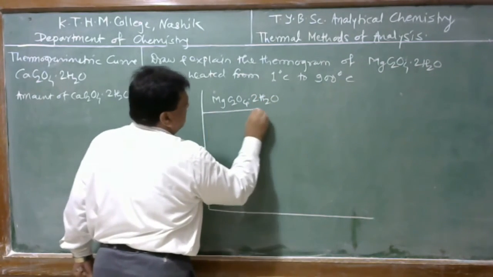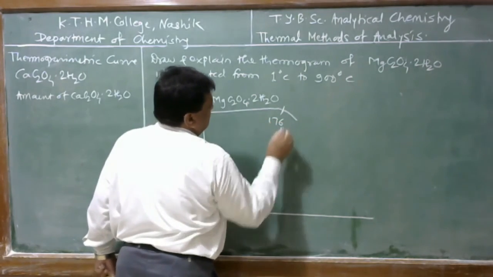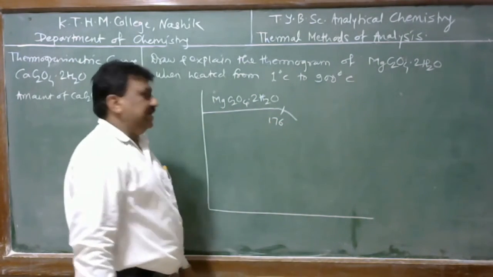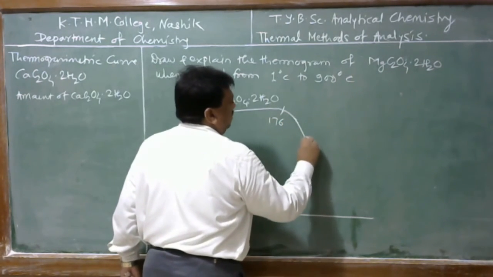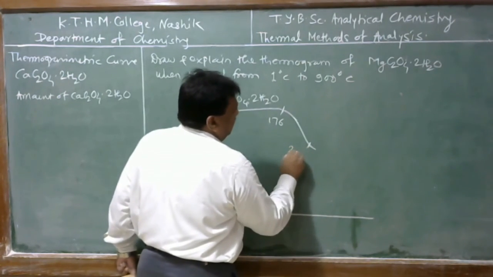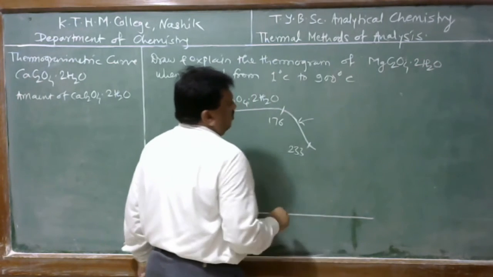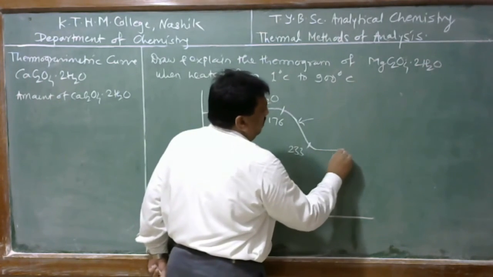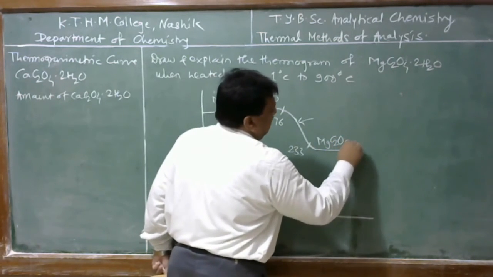This magnesium oxalate is stable up to temperature 176 degrees centigrade. At temperature greater than this, there is loss of water molecules. When temperature reaches 233, there is total loss of water molecules. We have magnesium oxalate anhydrous.